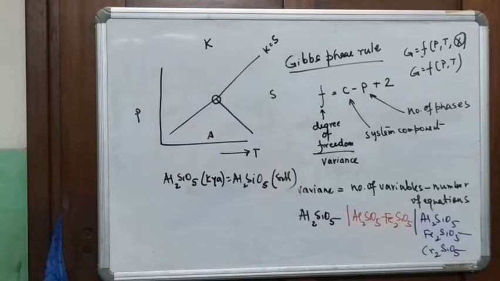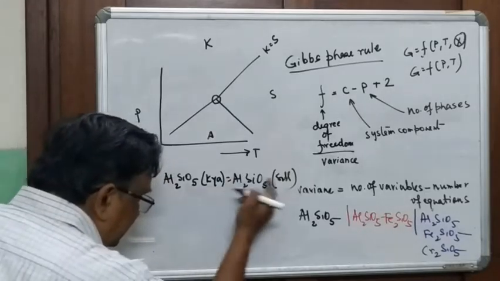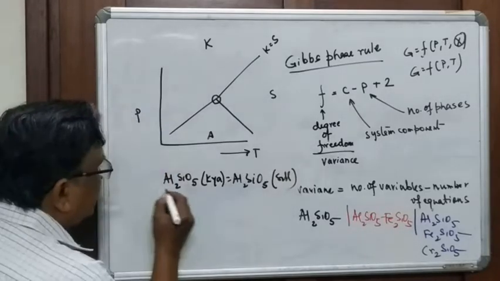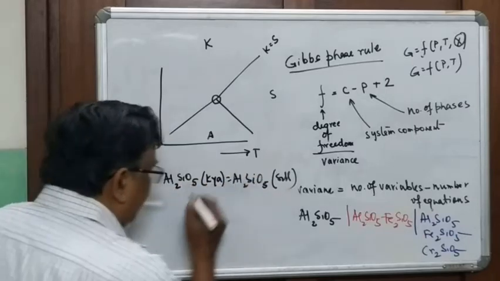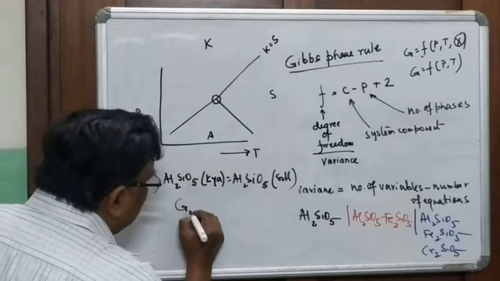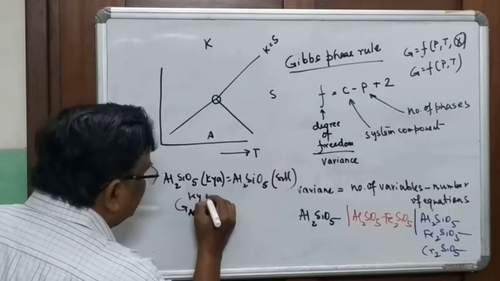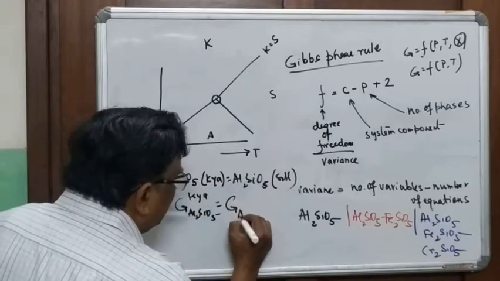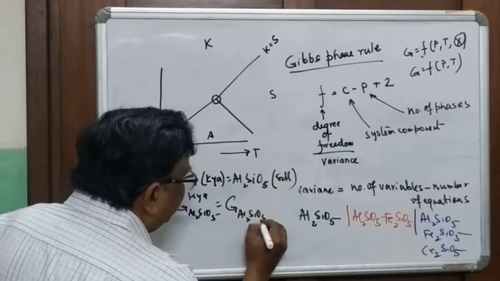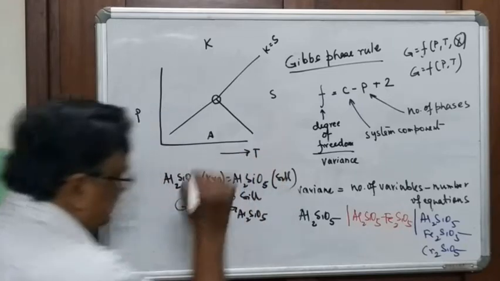That's the reaction. So then, if you know this, you should know that at equilibrium, G of Al2SiO5 in kyanite is equal to G of Al2SiO5 in sillimanite.